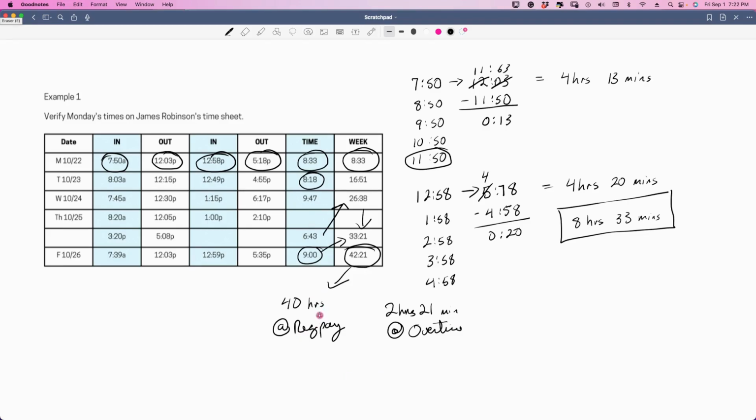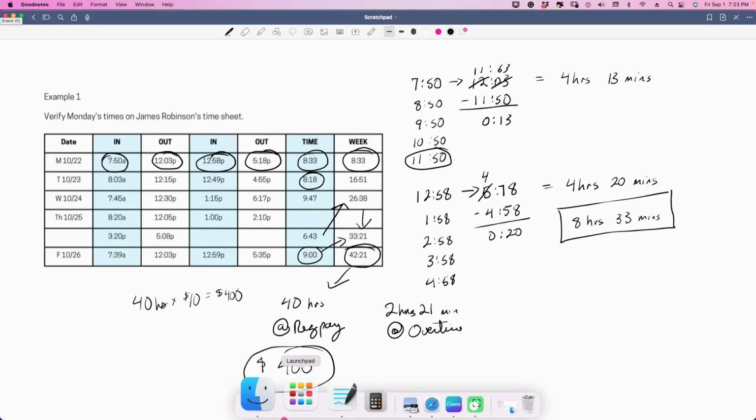Let's say he works at $10 an hour. This would be $400, because it's not $40, it's 40 hours. 40 hours times $10 would equal $400. So his base pay is $400 a week at 40 hours a week.